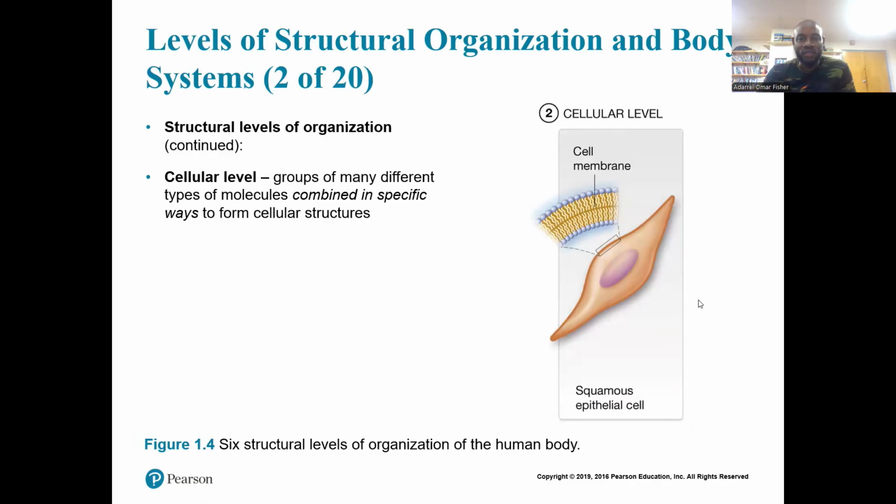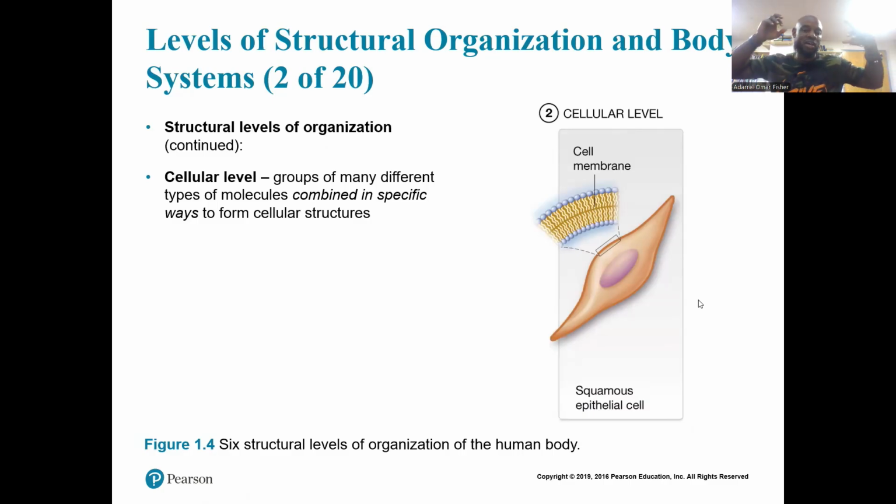The next level is the cellular level, which we've already talked about. Now, the chemical level, the hydrogen, oxygen, nitrogen that we saw before, is not technically considered alive, but it's necessary to build the next level, the cellular level.